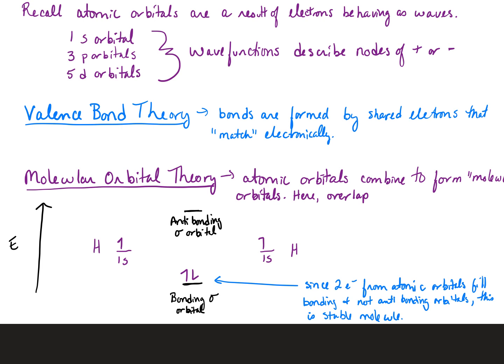Remember, you were told that we have 1 s orbital, 3 p orbitals, and 5 d orbitals. The wave functions may look like the s looks like a circle, the p goes above and below the plane, and by the way, one of those is different than the other. And then we have d orbitals that get fancy and look like little clovers, and there's all kinds of different stuff like that.